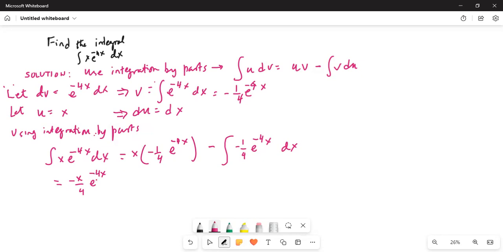That with the minus will make it a positive, plus 1/16 e to the power of minus 4x plus c, where c is an integration constant.